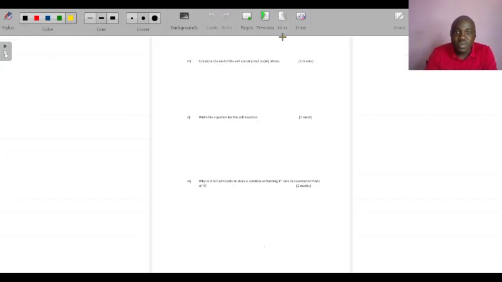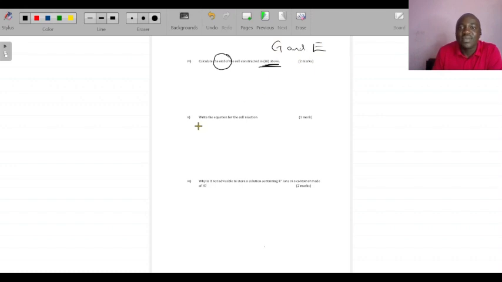Move on to the next question. The question is asking, calculate the EMF of the cell identified. So we're able to see that we had G and E. So now the question is, how do we calculate the EMF?